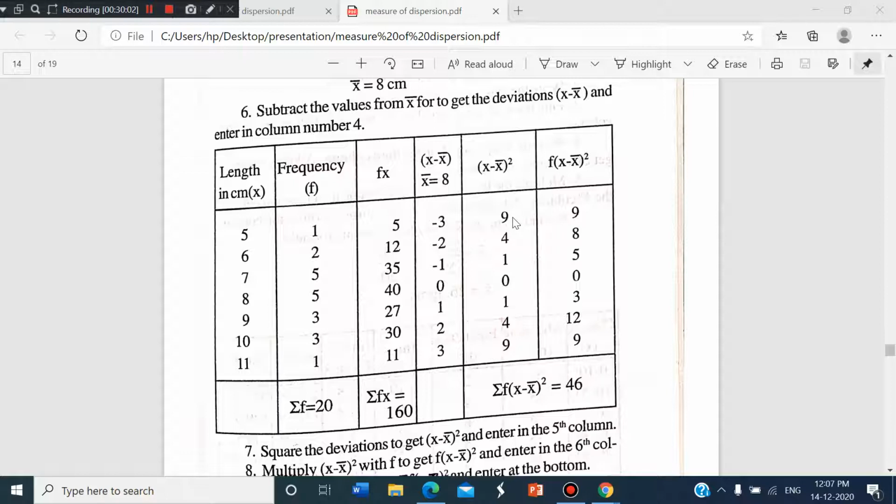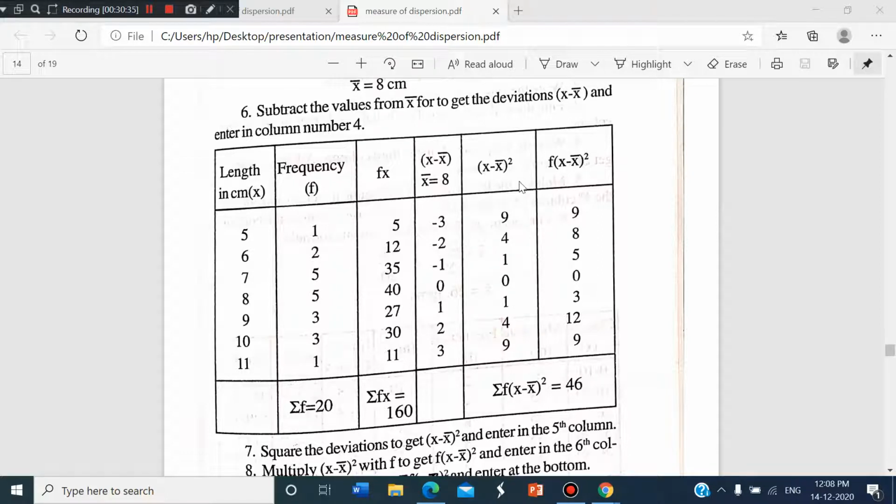That will give you minus 3 whole square equal to 9, minus 2 whole square equal to plus 4, minus 1 square means 1, 0, 0, then 1, 2 square is 4, 3 square is 9.